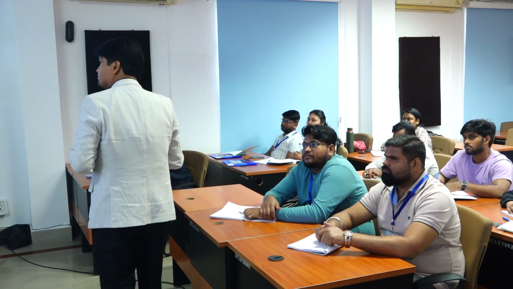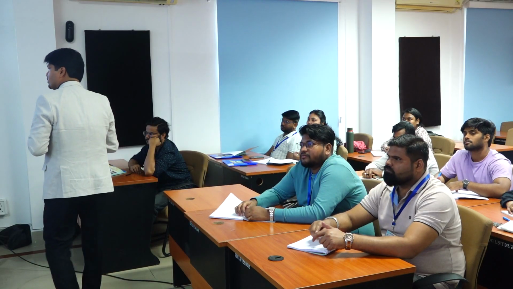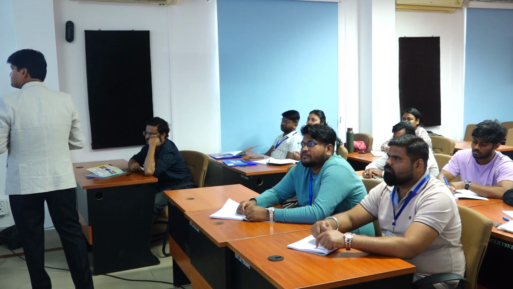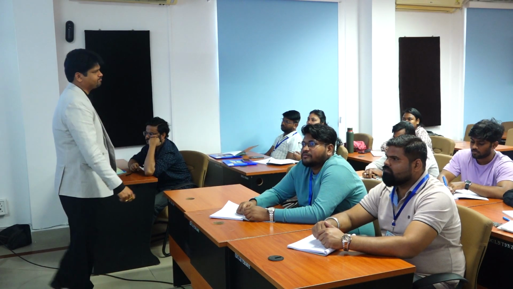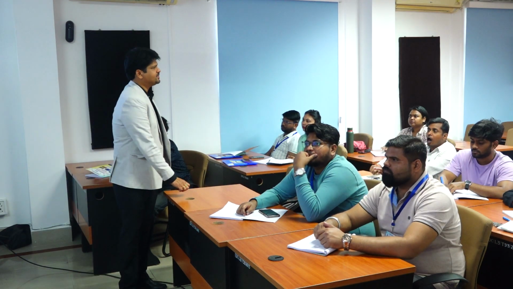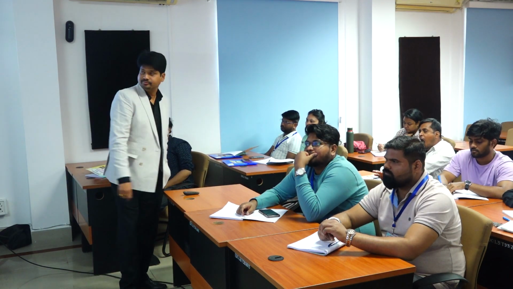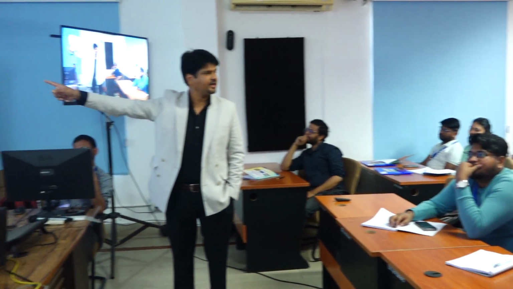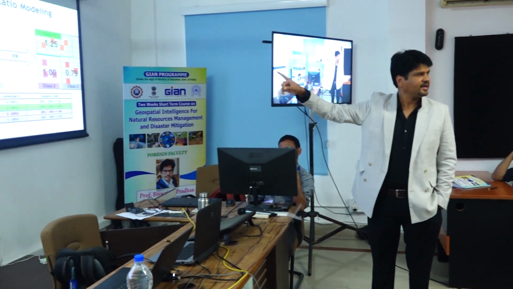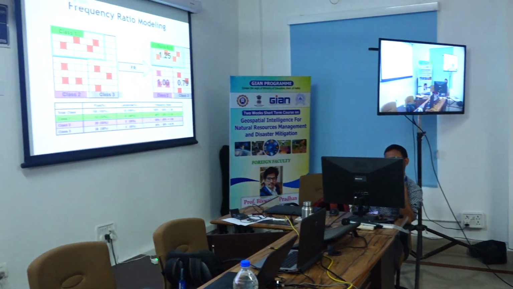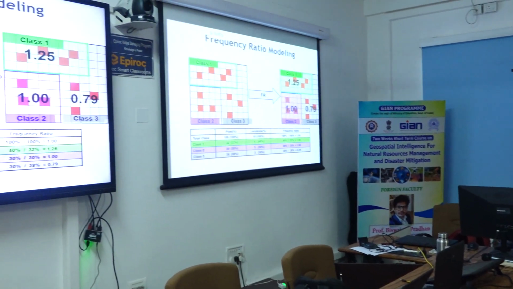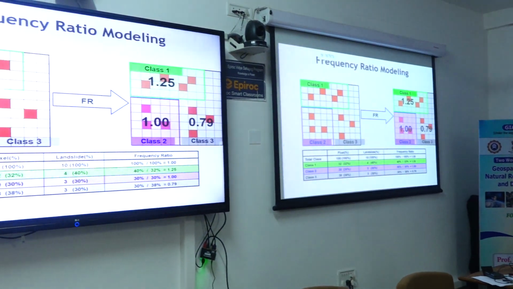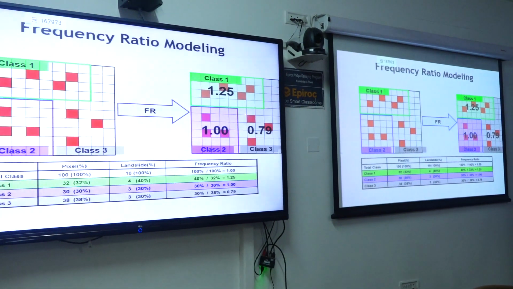Next one is the probabilistic model. What do we do? Look at this, a very simple example that I have given. This is the study area, let's say, and the study area has 10 rows by 10 columns, assuming. Now we are doing the frequency ratio analysis.